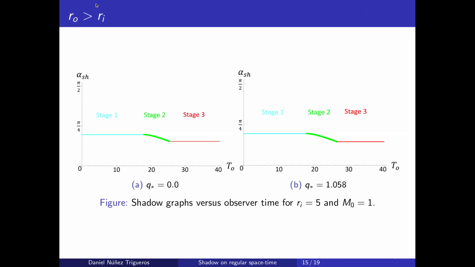And that's because as you change the metric, you also change some values of importance, that is the radius of the photosphere. As you make the Hayward parameter greater, you make the radius of the photosphere smaller. With a smaller radius, the photons have more time to arrive at that radius. So you achieve a smaller angular size of the shadow.